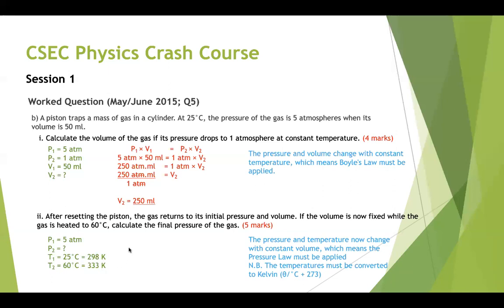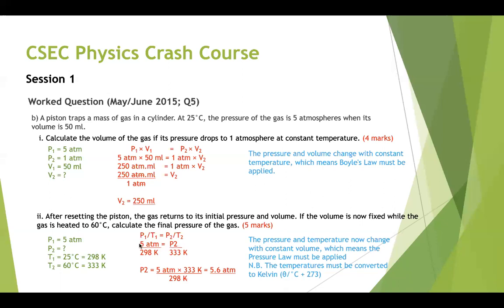Now, according to the pressure law, the relationship that exists between the pressure and the temperature is one of direct proportion. So it means P1 over T1 is equal to P2 over T2, and we just fill in our values. Remember, we use the Kelvin temperatures, and we solve for the final pressure of the gas, which is P2.